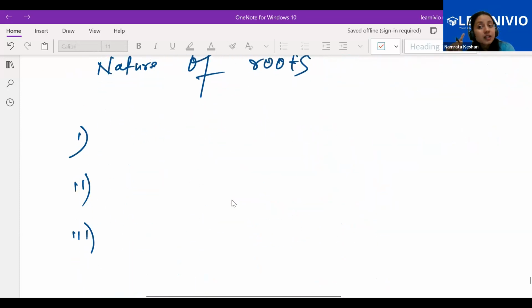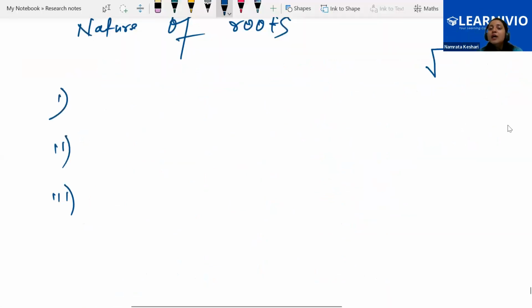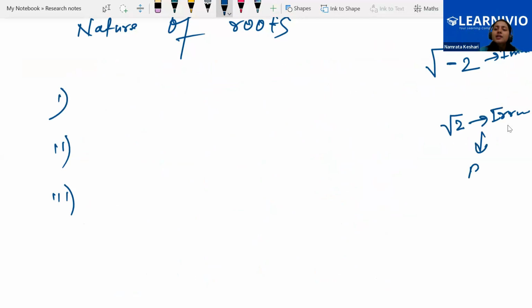When we started the real numbers chapter, I was talking about imaginary numbers, which are there in class 11. That means inside the square root, whenever you get a negative number, that's called an imaginary number. That is not acceptable in the real world. When you just have root 2, that is okay. That is irrational, we know that, and irrational means real number only.